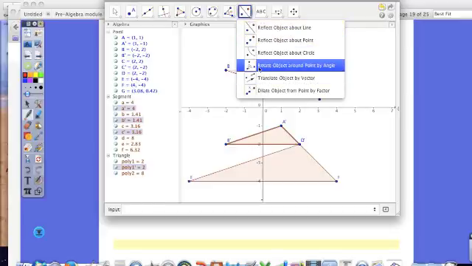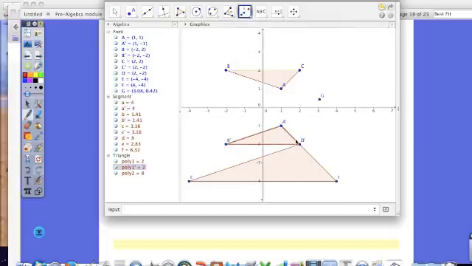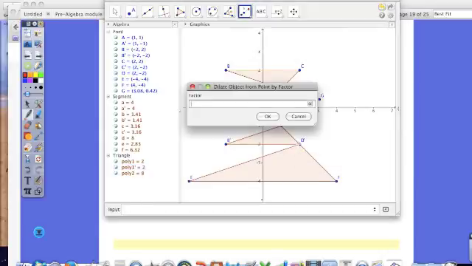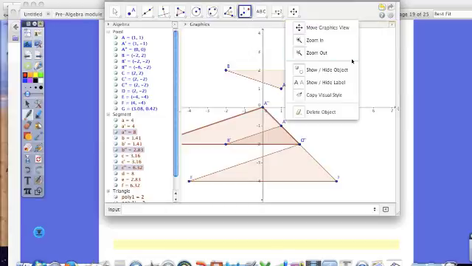So I want to dilate this. Let's start there. By about a factor of 2. Okay? So now it's here. It's twice as large. And now what I actually want, it looks like this is going to slide right onto that. But I want to make sure it really is.